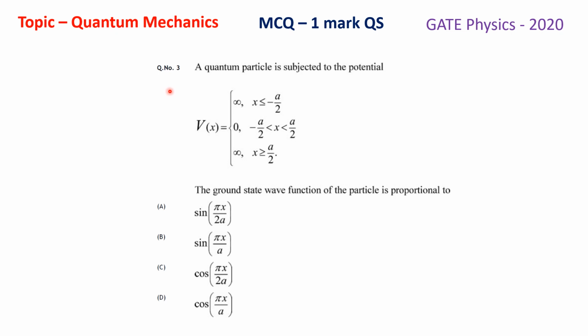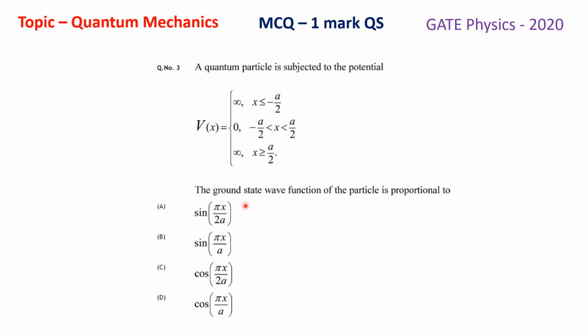The question is: a quantum particle is subjected to the potential V as a function of x equals infinity for x less than or equal to minus a by 2, equals 0 for x greater than minus a by 2 but less than a by 2, and infinity for x greater than or equal to a by 2.